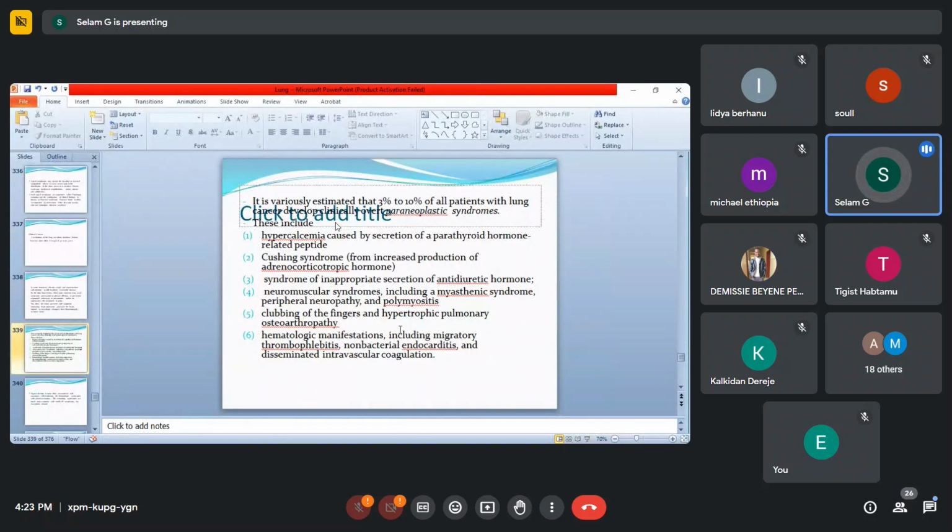This includes hypercalcemia caused by secretion of parathyroid hormone-related peptides. Cushing-like syndrome: Cushing syndrome occurs when excess cortisol is produced by the adrenal gland, but these tumors may produce cortisol-like material and cause Cushing syndrome. So when you look at the adrenal, you may not find anything, but the patient may come to you with Cushing syndrome.